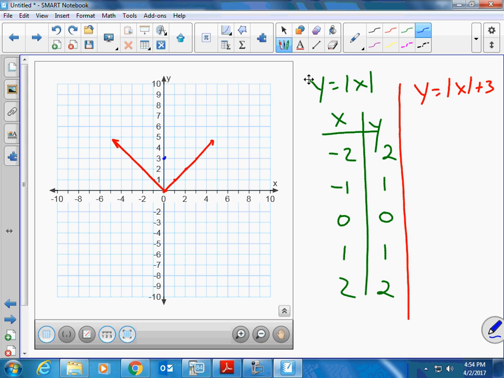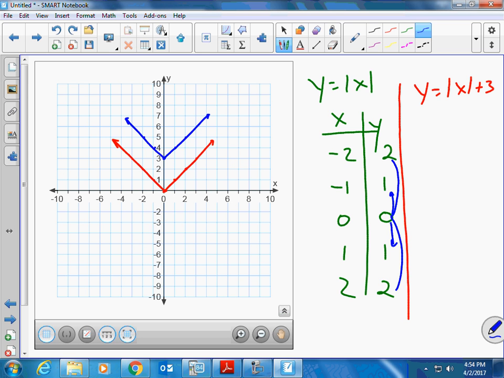But it'll maintain the same shape, over 1, up 1, in both directions. Over 2 and up 2 in both directions. And so I get the V-looking shape, simply moved up 3. Same graph, moved up 3.